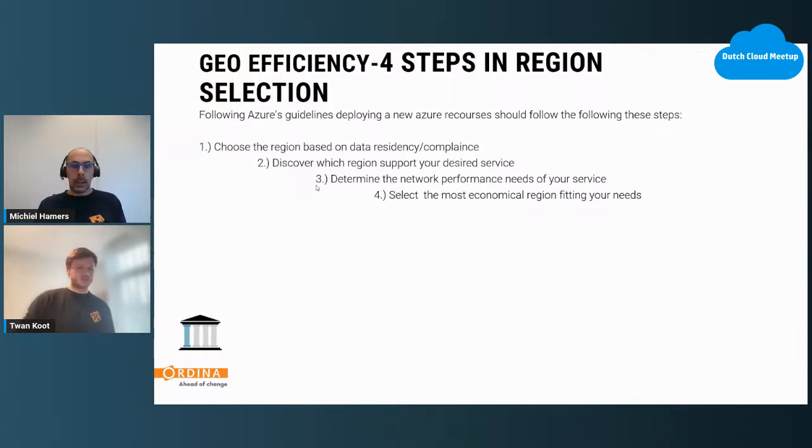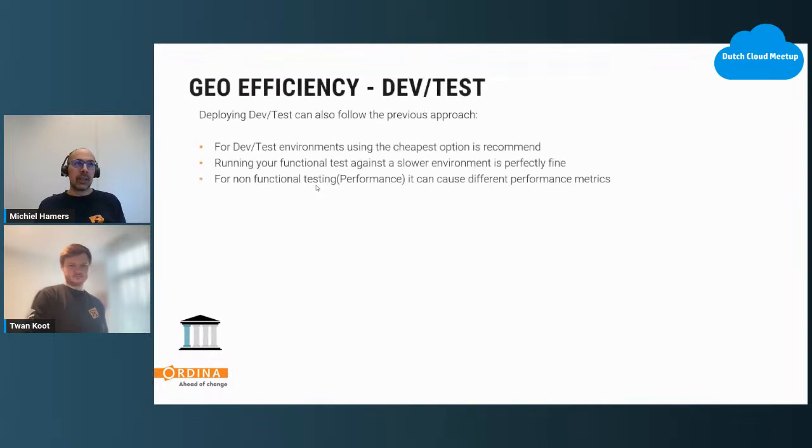Yep. And then we move over to dev and test, because everyone has a dev and test environment. At least I hope so. In general, it's maybe an open door, but just choose the cheapest option. That can be the cheapest data center. Of course, it can also be a fully automated deployment in your nearest data center that only spins up and spins down when you are really using it.